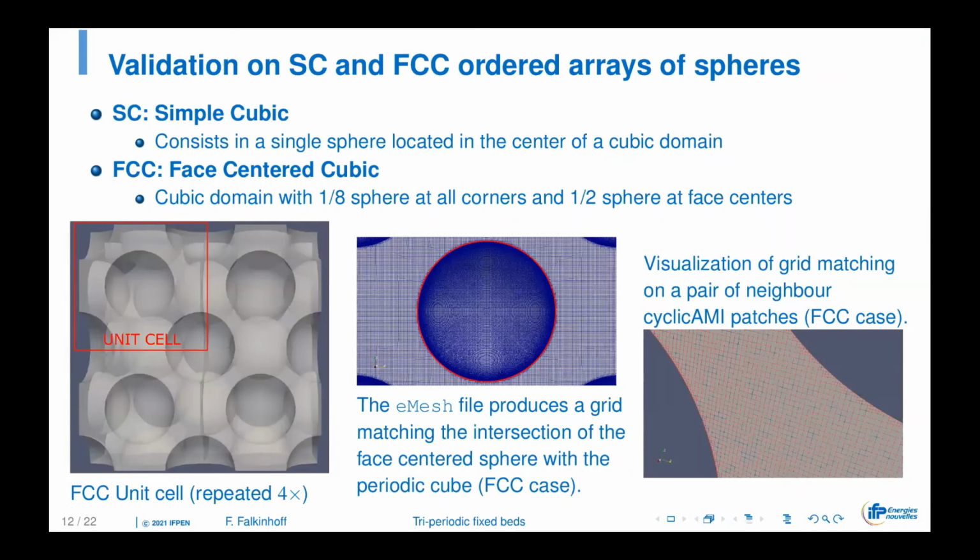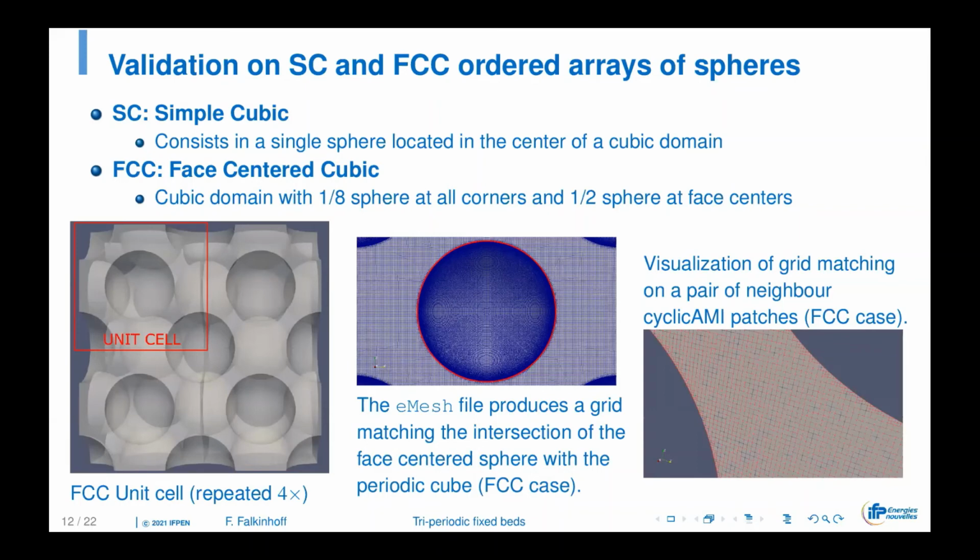We have first validated the workflow on simple cubic, which is just one sphere inside the cube, and face-centered cubic arrangements. The second one consists of one sphere spread over the 8 corners of the cubic domain, and half a sphere on all the face centers of the cubic domain. So you get in total the equivalent of 4 spheres of volume in this case.